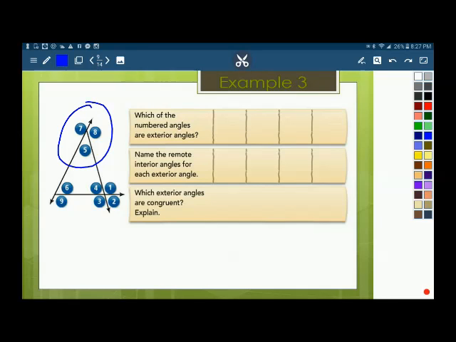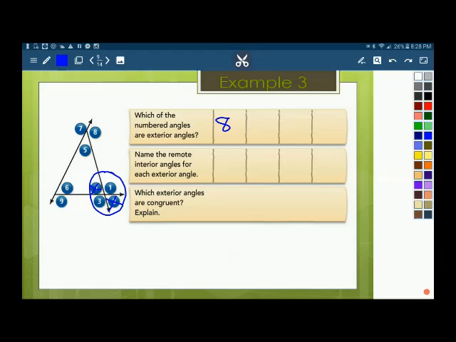Angle 5 is definitely on the interior, but then if we look at angle 8, I do see an extension and then the side of an adjacent side that is part of the triangle. So angle 8 is an exterior angle. Now when we look down at this intersection down here, I see 4 is definitely an interior angle, and then 2 is not an exterior angle.